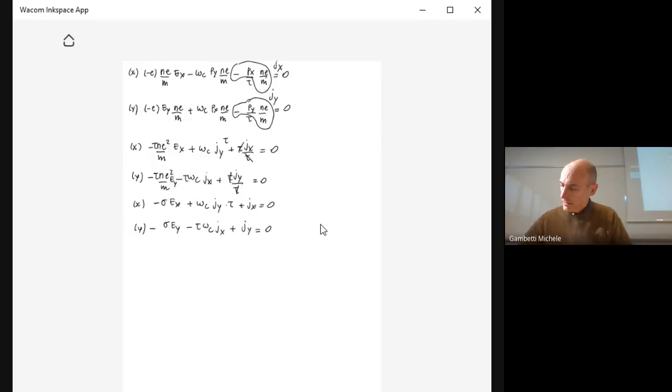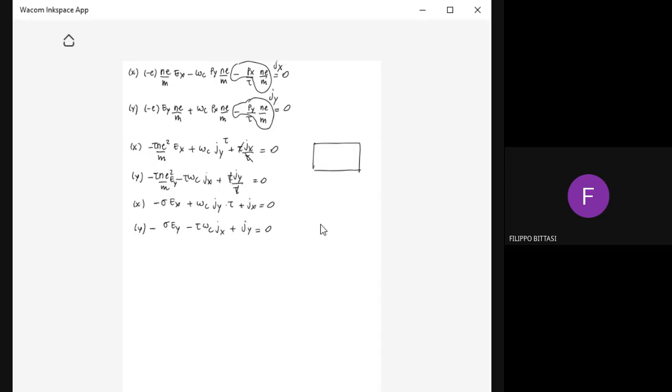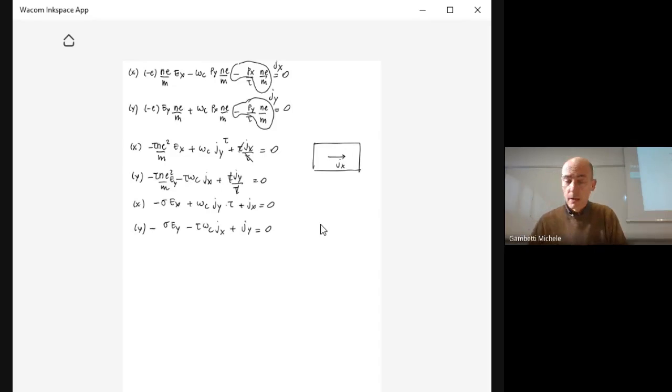If you remember the diagram that I made at the beginning, where there was the slab and Jx was on the horizontal direction, what is Jy? Jy is the flow of current that flows along the y direction.